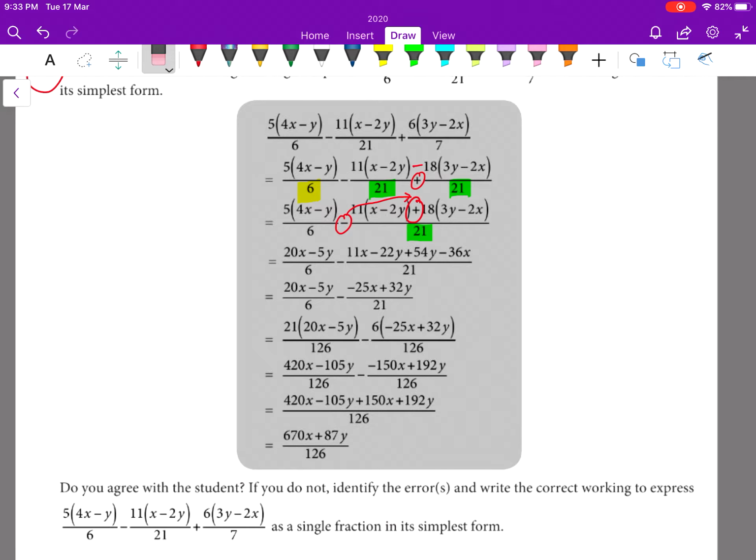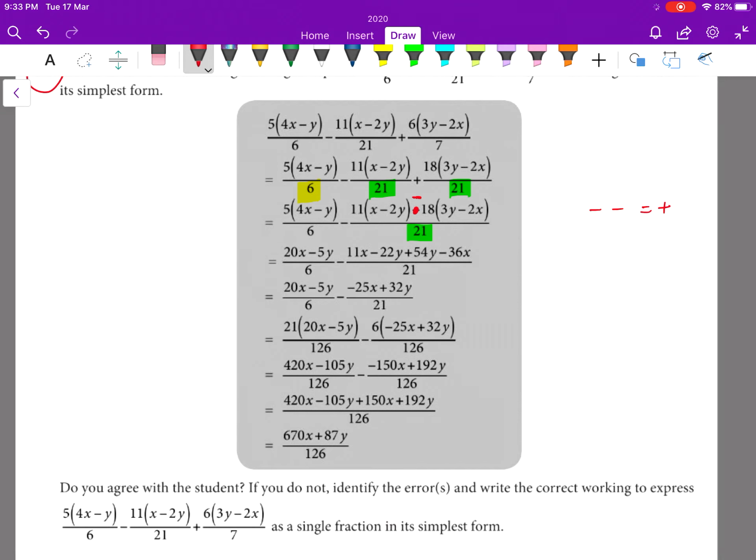Alright, so it's wrong. So what should happen here is this should be a negative sign, because negative will give you positive.